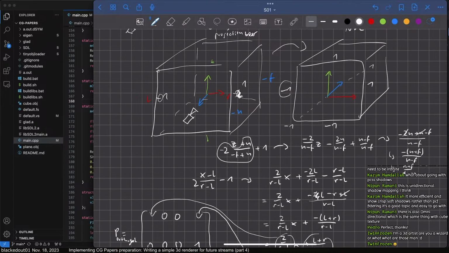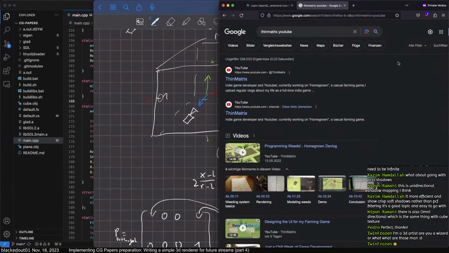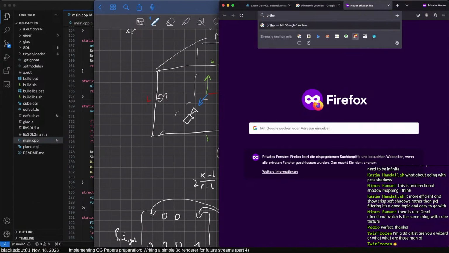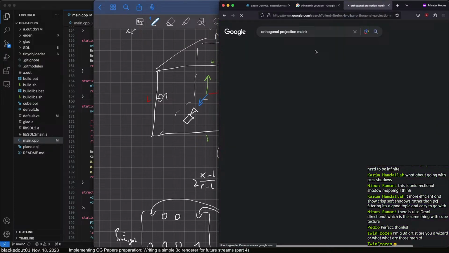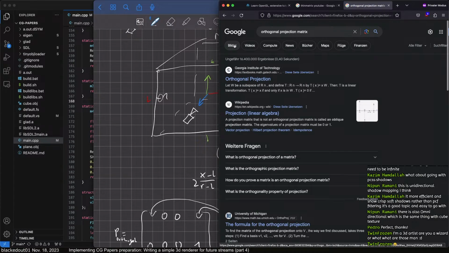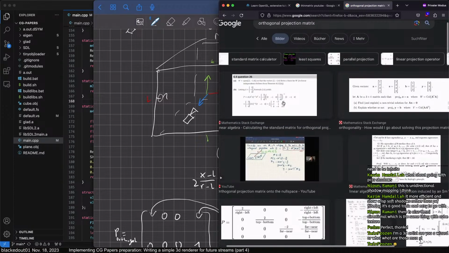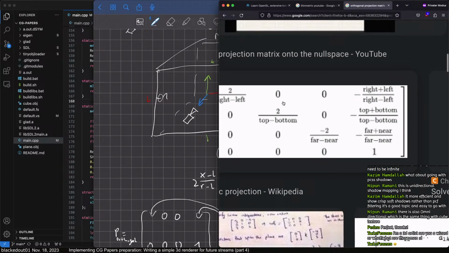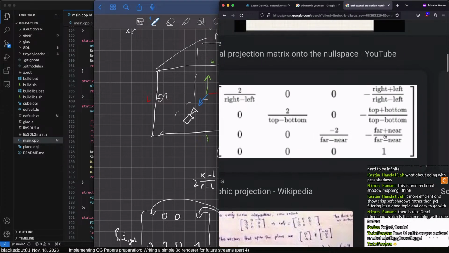Okay, so let's just look at the solution. So this is the matrix I was looking for.